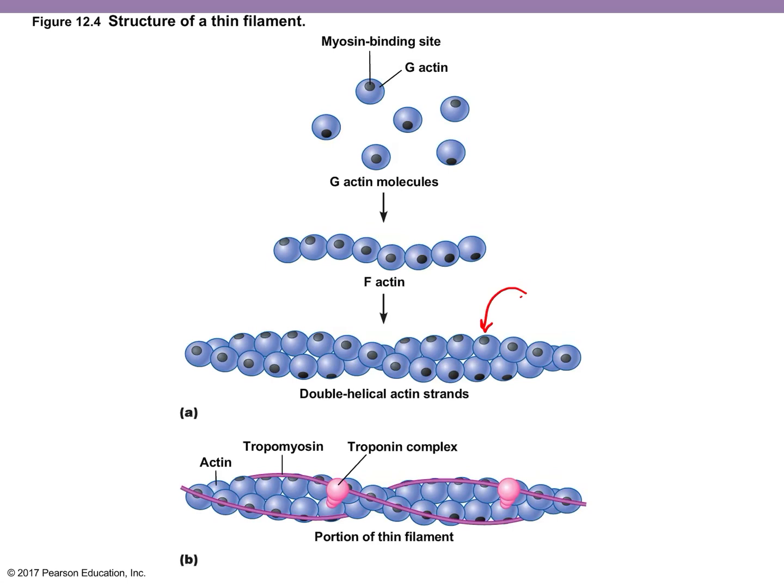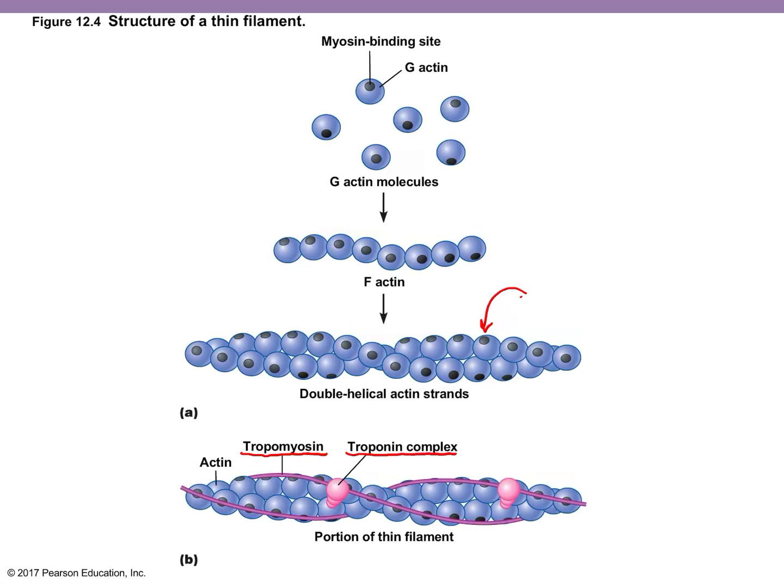And on top of actin, you have two more proteins. One is called tropomyosin. So tropomyosin is a really thin filament, this purple string that lies on top of the myosin binding site. So it covers it up when the muscle's relaxed. Then we have another protein called the troponin complex, which is really 3 proteins in a row.